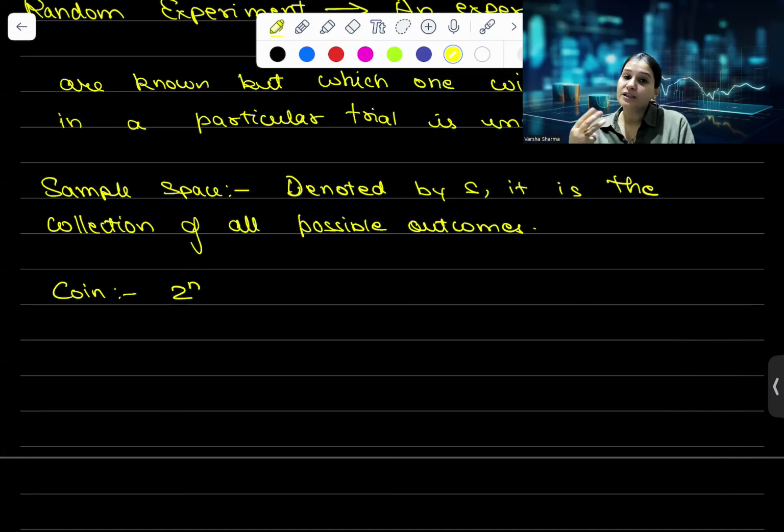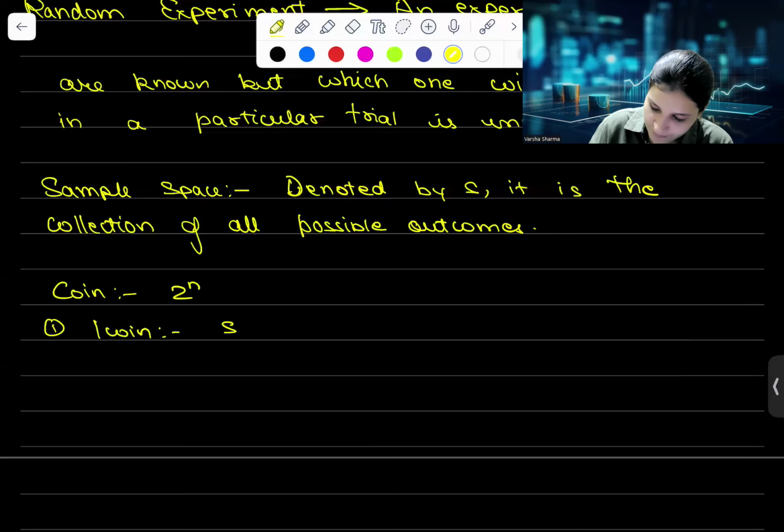If I'm tossing a coin 3 times or 3 coins together, I'll get 2 to the power 3, 8 outcomes. So 10 coins will give me 2 to the power 10. So 1 coin, the sample space will be H, T. It is written as a set.